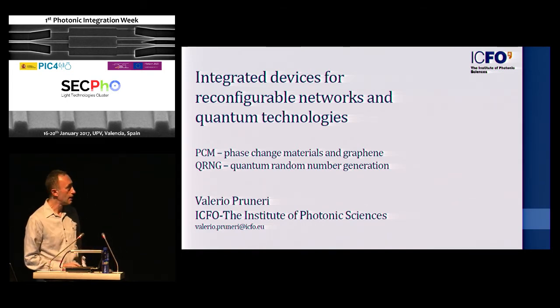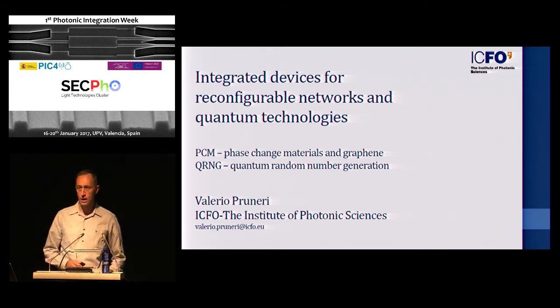And then the second part of my talk is kind of different from the first part, but I would like to show it to you. Also, some work has been done in collaboration with some local entities here in Valencia, and is about quantum random number generation.